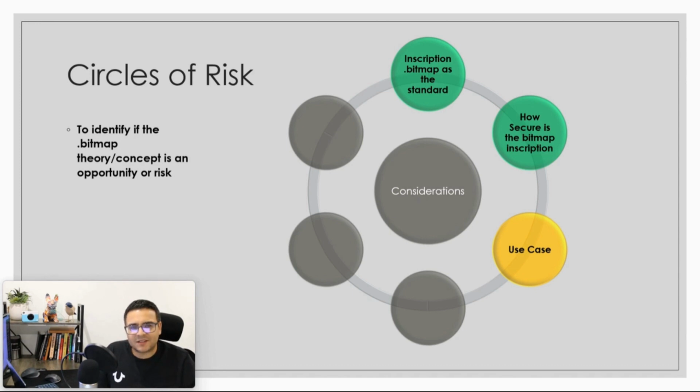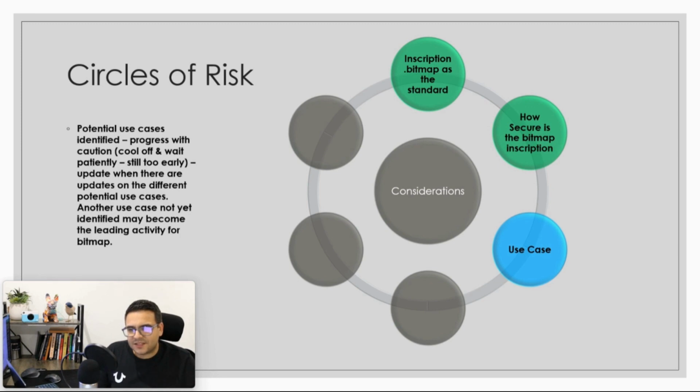So coming back to reviewing the use case for the Bitmap standard, I've taken a different view on perhaps the other risks that I looked at previously, purely because of how early we are with this idea.